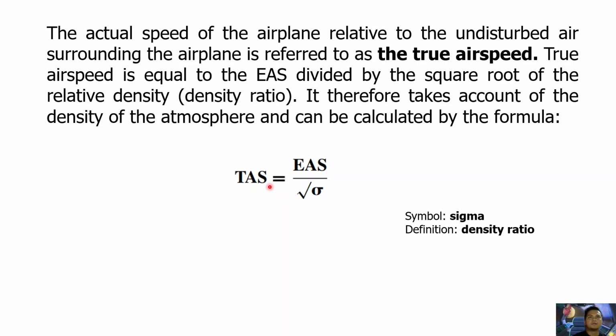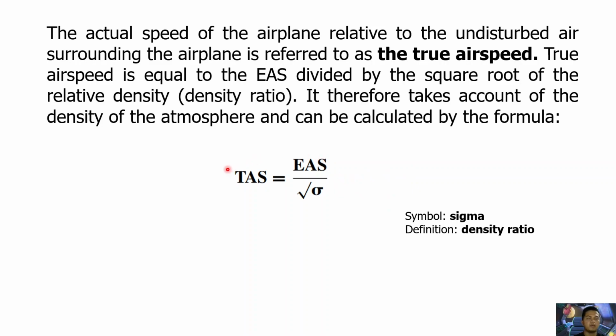So, the actual speed of the airplane relative to undisturbed air surrounding the airplane is referred to as the true airspeed. True airspeed is equal to the equivalent airspeed divided by the square root of the relative density or the density ratio. So yung density ratio na yan is symbol sigma na kung saan density, static density over density at sea level.